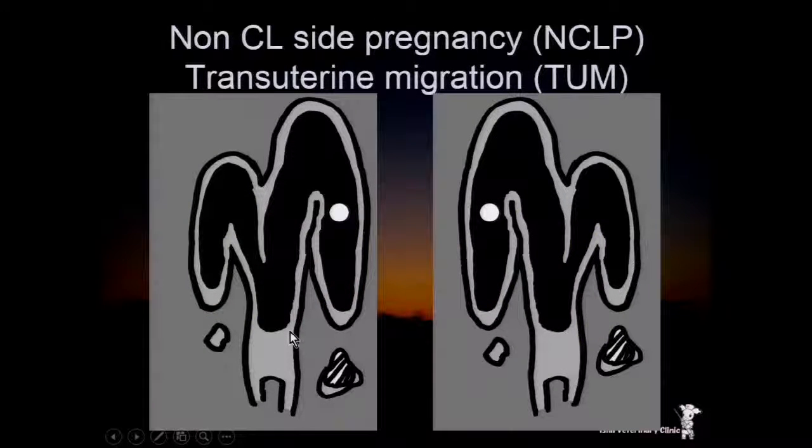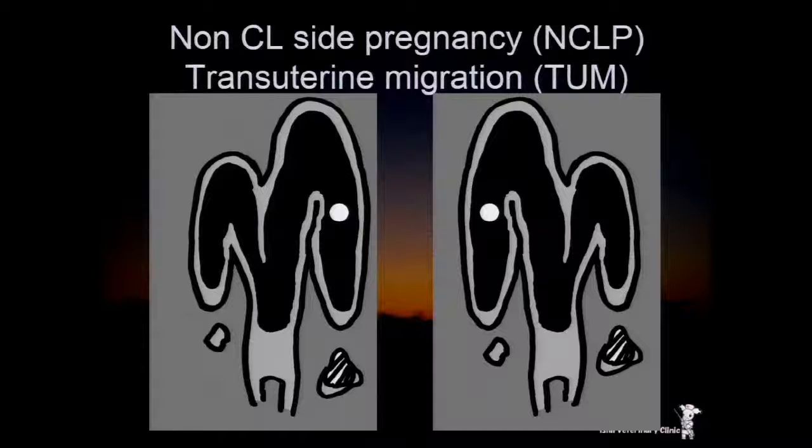Left picture is normal single pregnancy, and right is a non-corpus luteum side pregnancy. Please note the positional relationship between embryo and corpus luteum. Transuterine migration means that the embryo ovulated this side, and at the end of a long travel, implanted in the other side of the uterine horn.